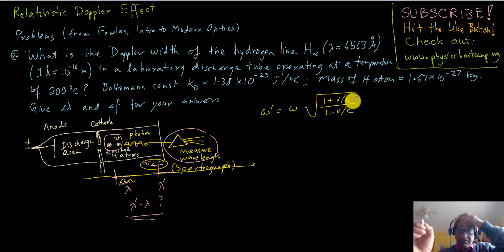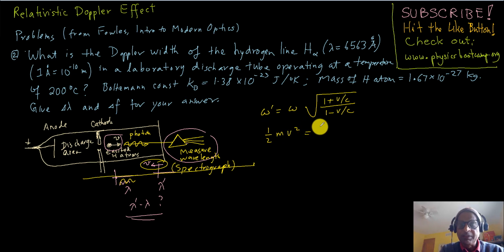So I'll just need to get v. How do we get v? Well, we can do half m v squared is going to be 3/2 Boltzmann constant k_B T, where T is the temperature in Kelvin.